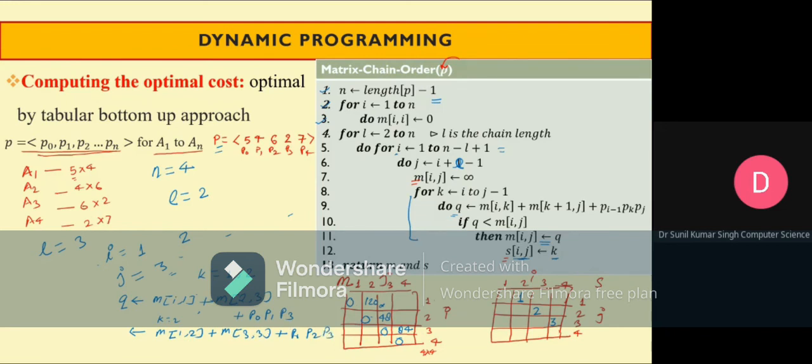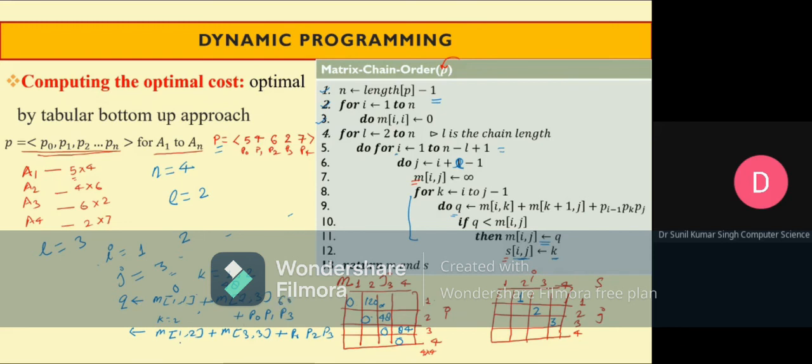Now you can see the value of M11 in the matrix, it is 0, so here it is 0. M23, second row, third column, that is 48. Now P0, P1, P3, you can multiply from here. P0 is 5, P1 is 4, 5 into 4, 20, and then P3, it will become 60.